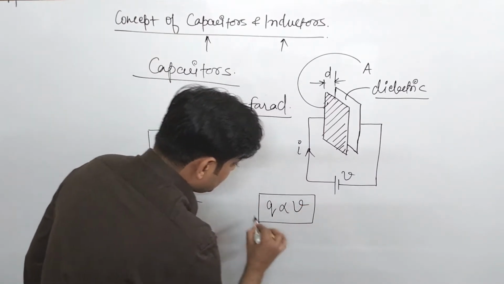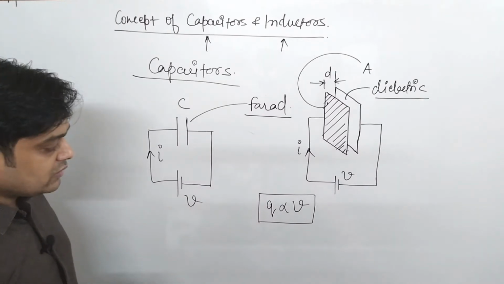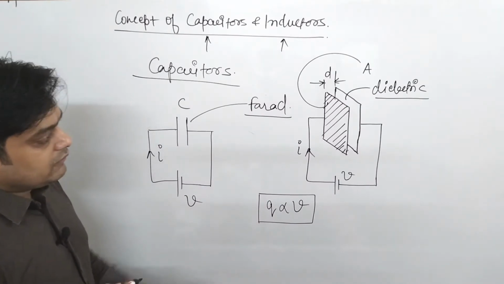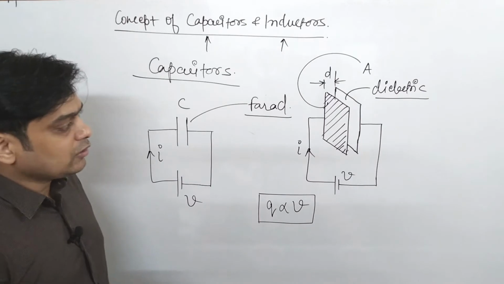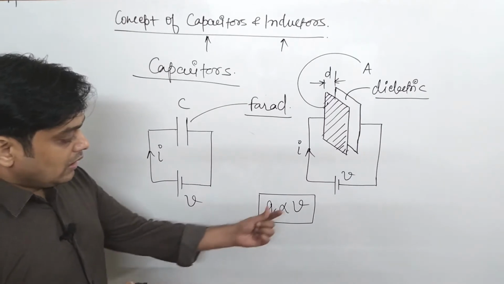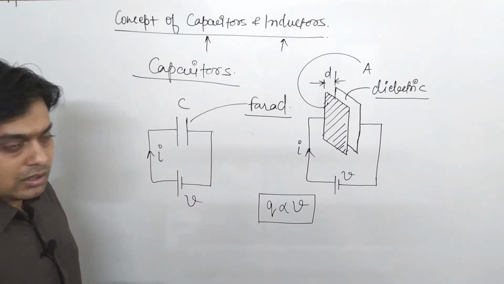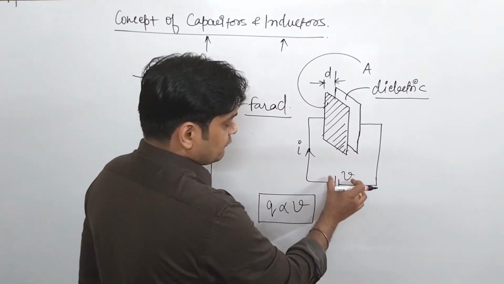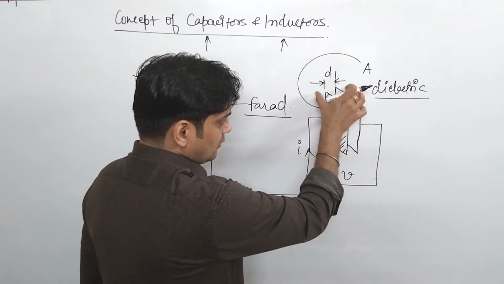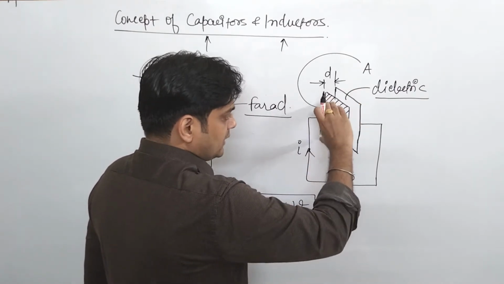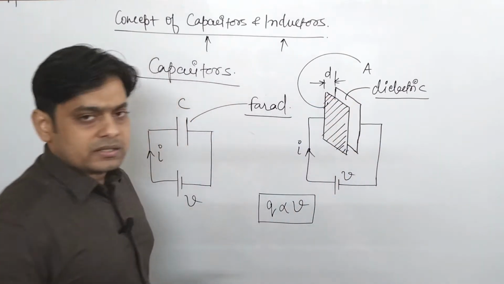Q is known as charge, which is accumulating at the plate of the capacitor, and Q depends upon the voltage V.